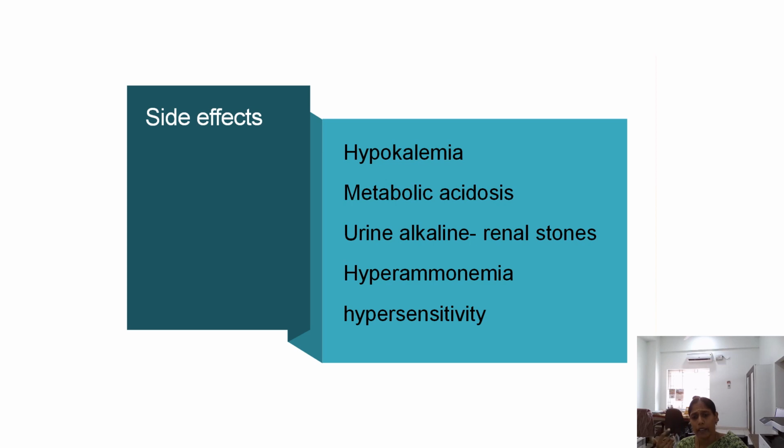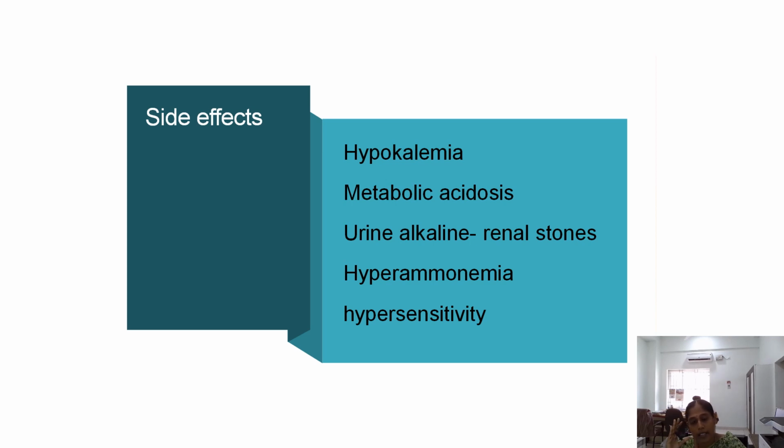So again, there will be metabolic acidosis because of loss of bicarbonate ions in the urine. So automatically there will be metabolic acidosis. Also hypokalemia and metabolic acidosis always go in pair. And there will be retention of ammonium ions. So there will be hyperammonemia.